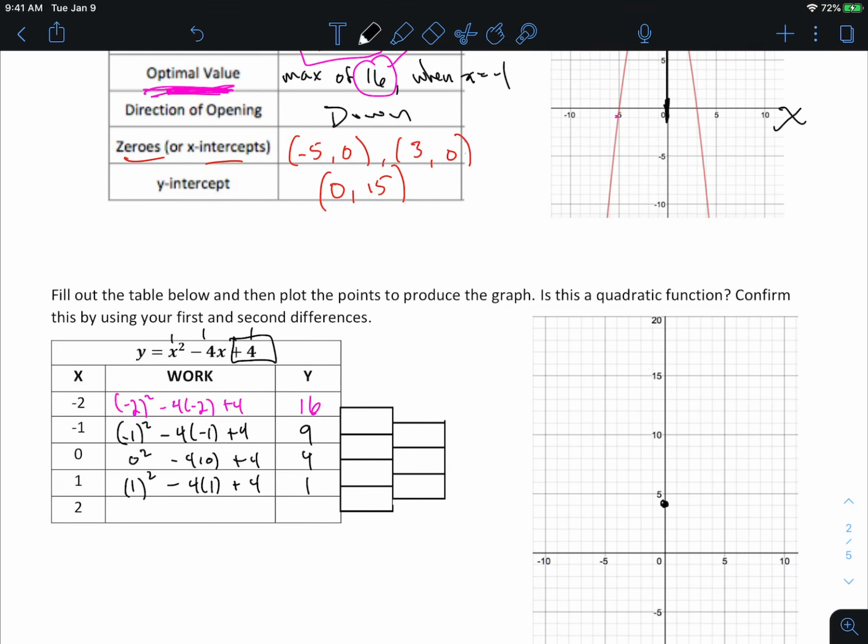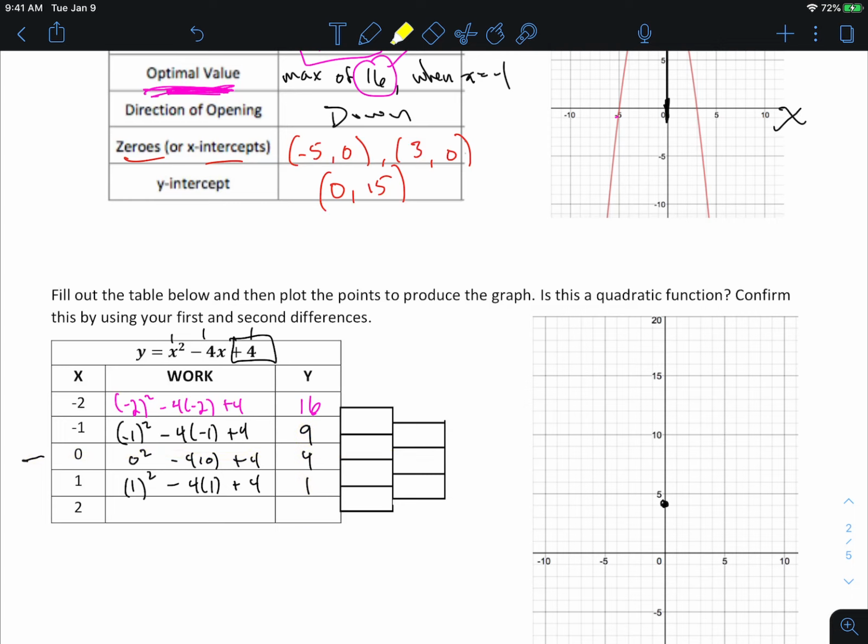Normally, we both assumed this was going to be the vertex, and there should have been some symmetry between the 9 and the 1 and then the 16 and the 16, right? But we haven't hit the vertex yet. That's all that means. Okay?